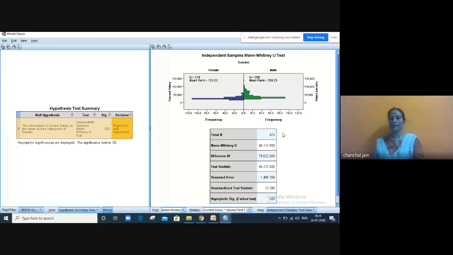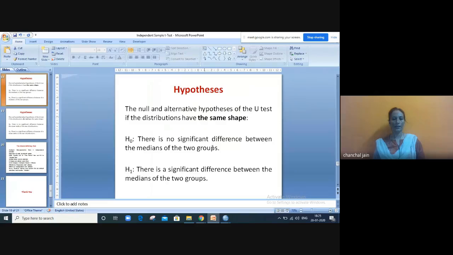When the sample size is large enough, SPSS gives you the asymptotic significance value, which is the p-value based on the normal, or standardized, test statistic. On the basis of these results, we can say that we are rejecting the null hypothesis, and alternatively there is a significant difference between the median values of the two groups.